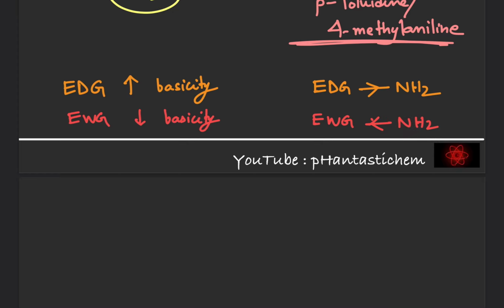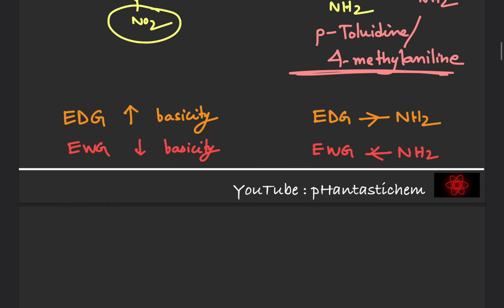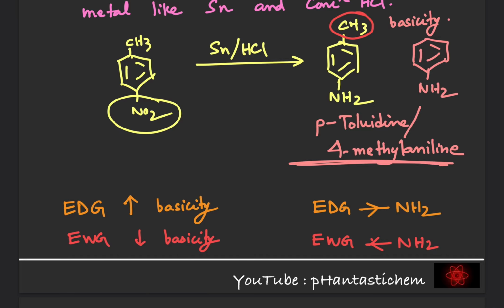Okay, in p-toluidine or 4-methyl aniline, we have a CH3 group attached, which is an electron donating group with respect to the plus I effect, that is the inductive effect, and hyperconjugation.